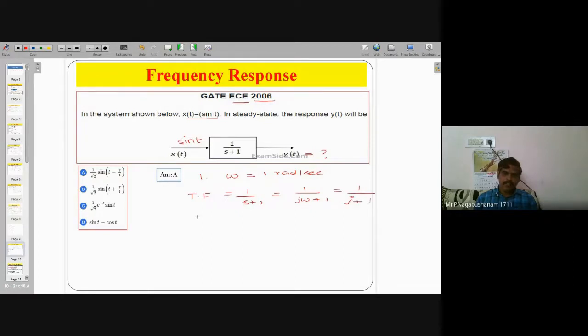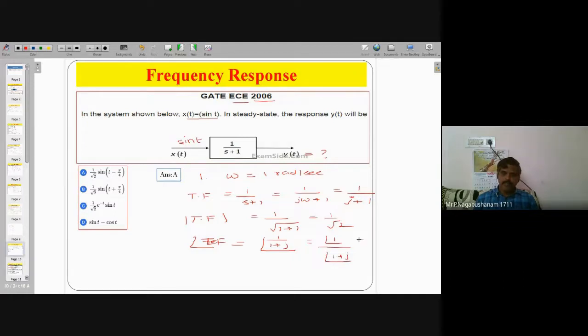Then what is the magnitude of the transfer function? Magnitude of the transfer function is 1 by square root of 1 square plus 1 square, which is 1 by root 2. What is the phase angle? Only magnitude and phase angle are important. Phase angle of the transfer function is the phase angle of 1 by 1 plus j, so phase angle of numerator minus phase angle of denominator.